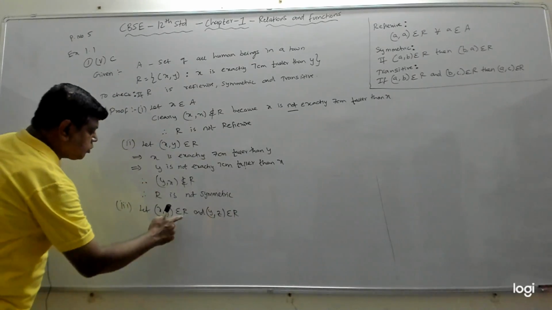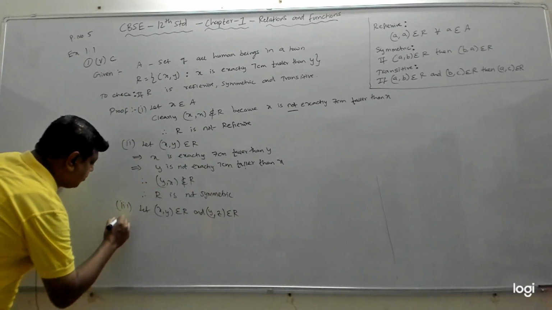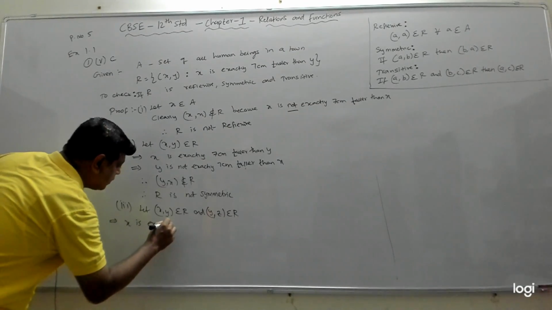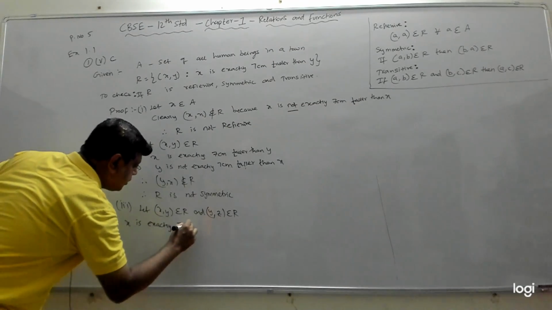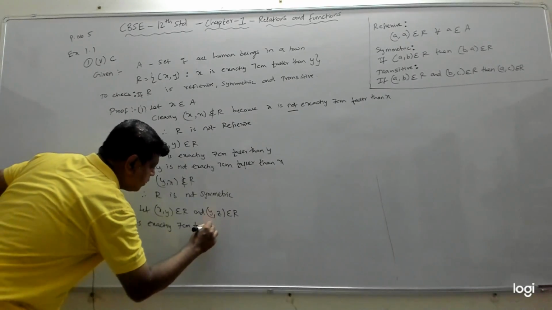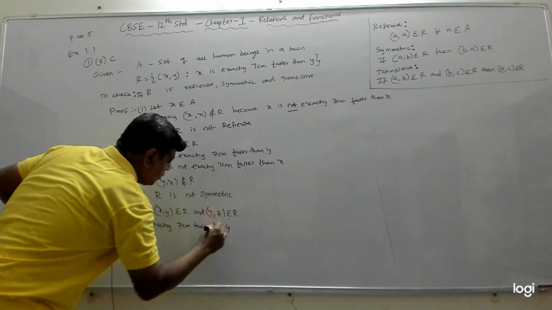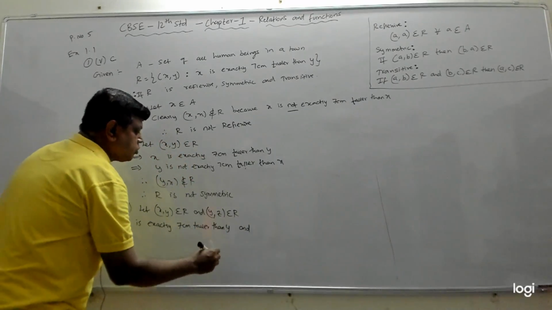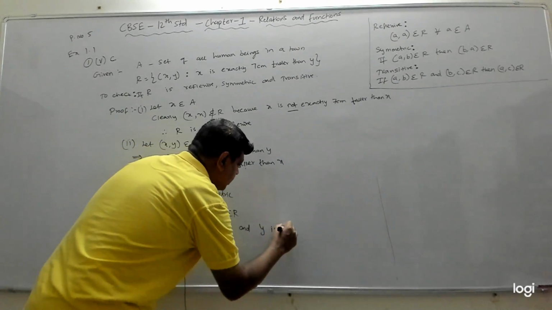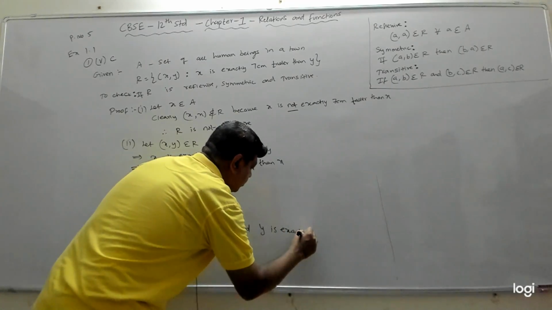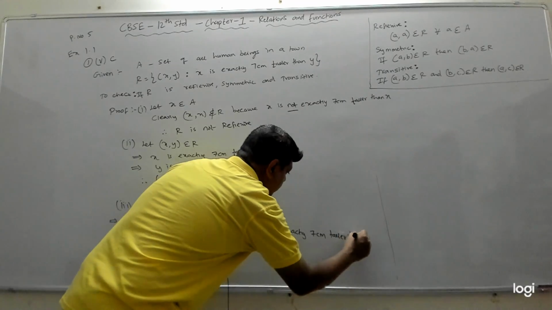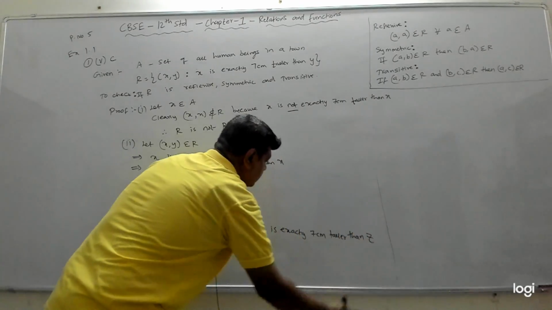Now x comma y belongs to R means x is exactly 7 centimeter taller than y, and y comma z belongs to R means y is exactly 7 centimeter taller than z.